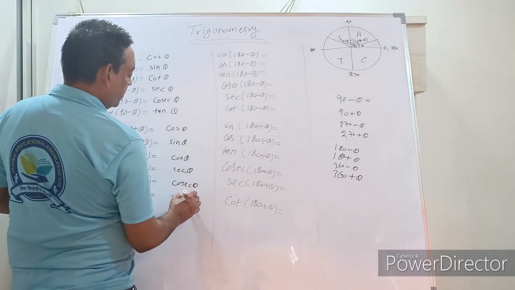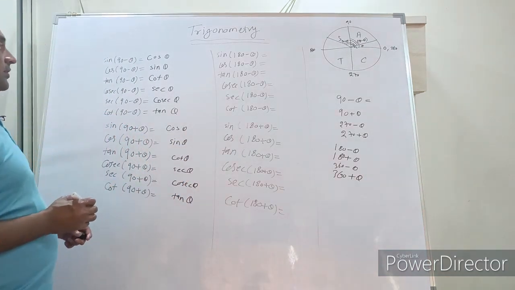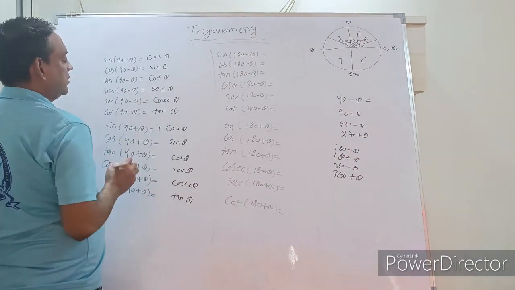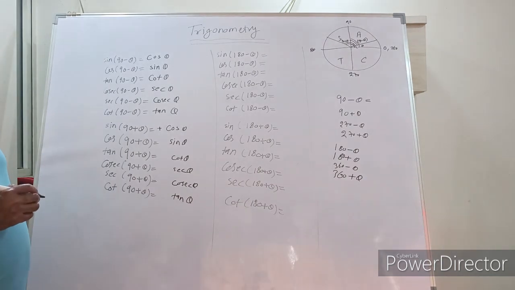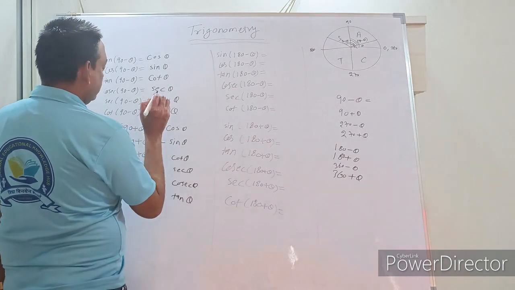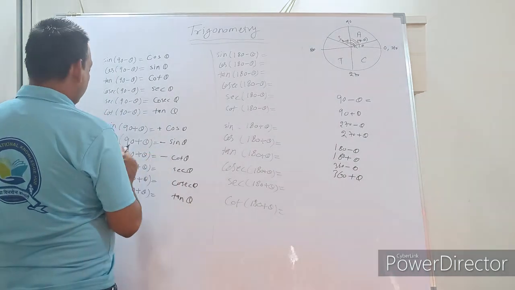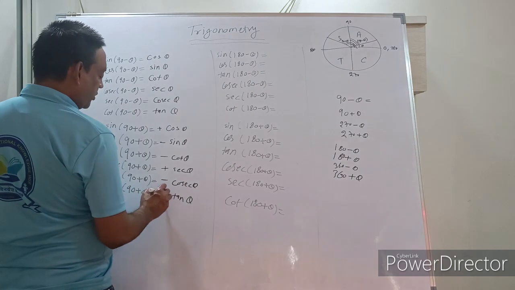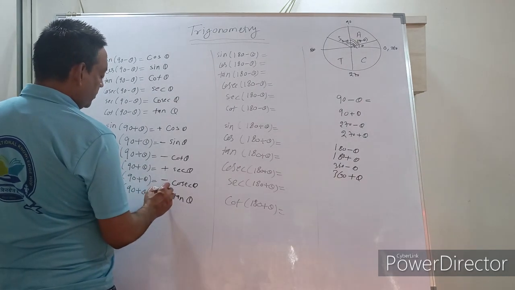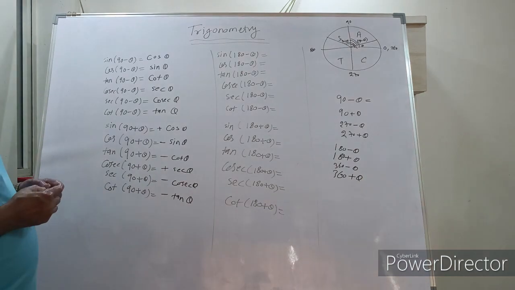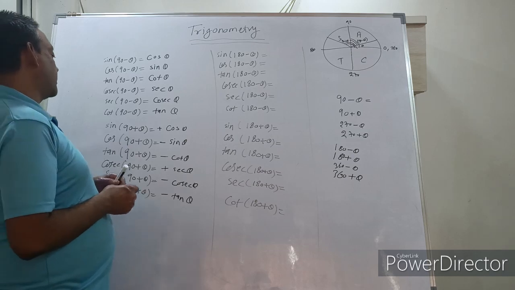But the important part here is that the sine will be positive. Sine will be positive, cos is negative, tan is negative, cosec is positive, sec is negative, cot is negative. Only sine and cosec are positive, everything else is negative.